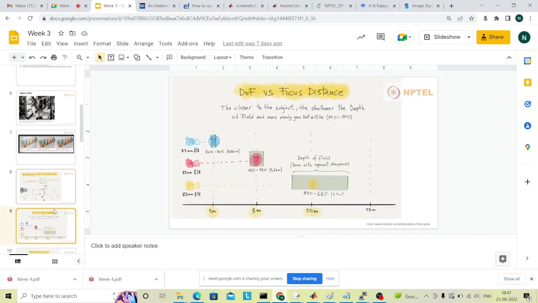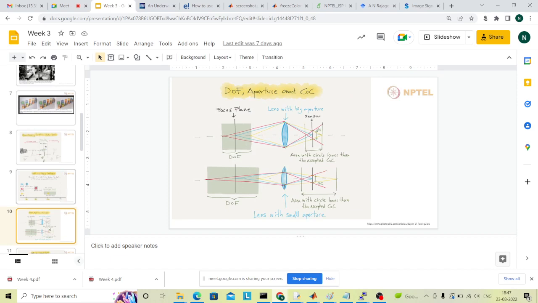So that I explained in the last presentation. So here, if the distance of the object is more, the depth of field will be high. So you can refer to any material from the internet also. It is very well explained on some of the websites.